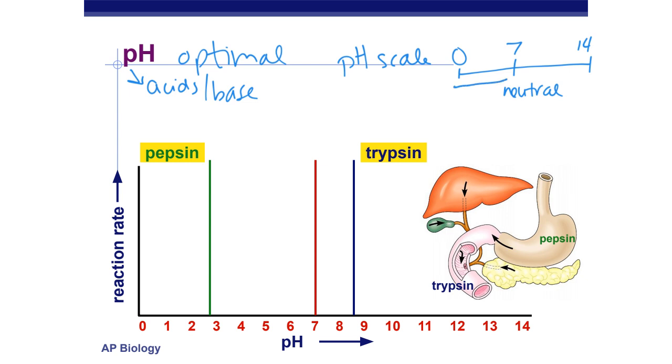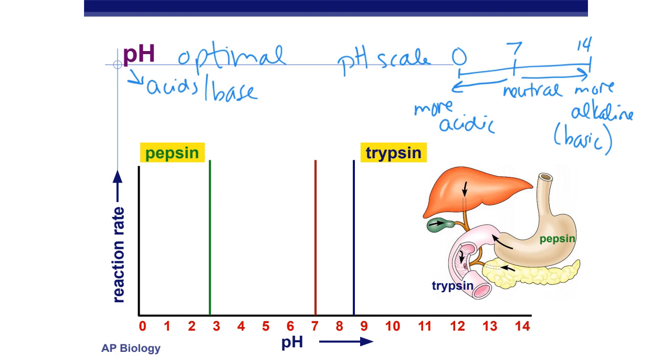So as I get closer to 0, I actually get more acidic. And as I get closer to 14, I actually get more alkaline or more basic. They are both essentially equally dangerous, right?